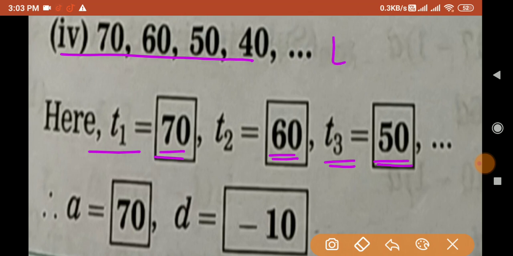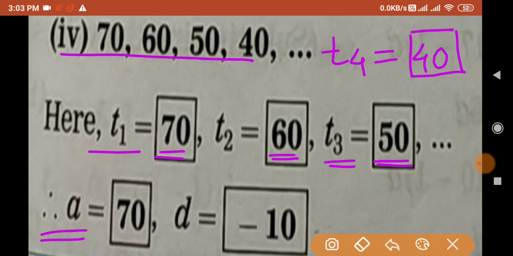And the fourth term T4, write in the box its value, 40. Understand? Then we have to fill in the value of the first term, that means A, and it is 70.